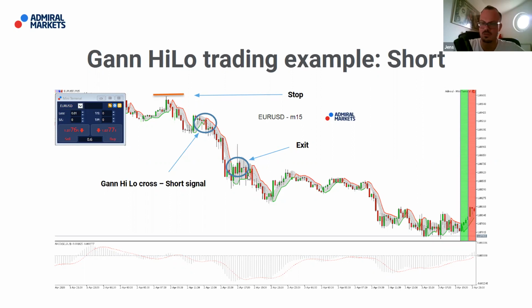Respectively, we trade long as long as we trade above the Gann Hi Lo activator. That's it, in fact, which makes trading quite easy when it comes to decision making and whether to enter, and especially exit the trade.